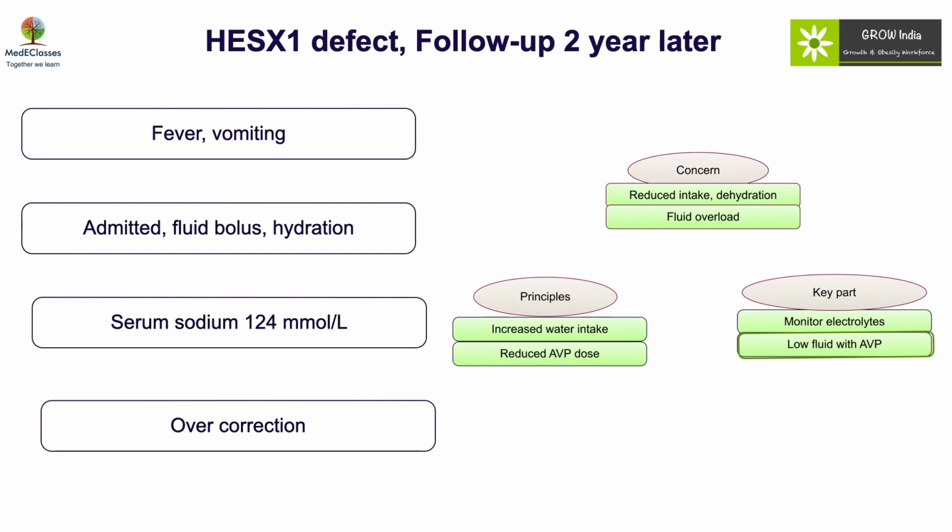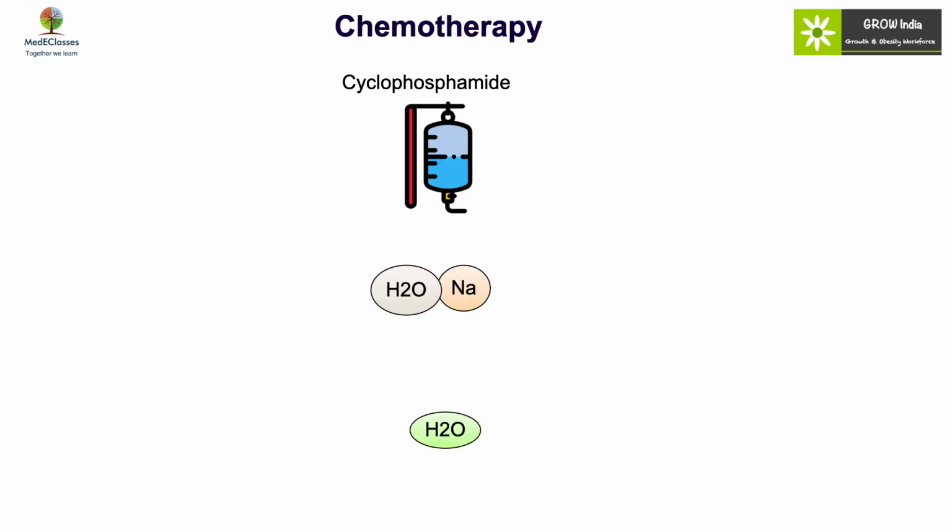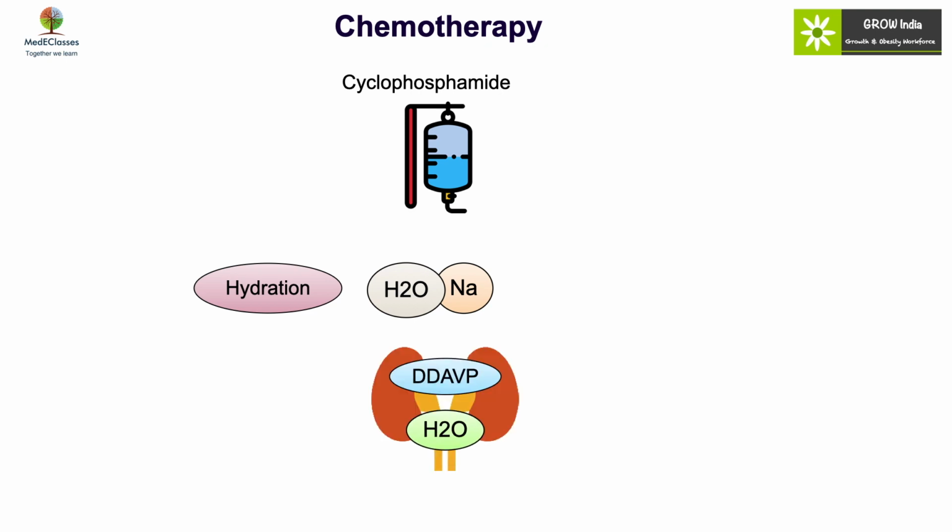The second situation, of course, is chemotherapy, particularly relevant with nephrotoxic agents, in which one needs to give a lot of hydration. Giving too much fluid in that perspective can cause a problem, because then the sodium may be affected and water can go up, because the child is already on DDAVP. So what do we do in that perspective? We can do hydration with a low dose AVP infusion.